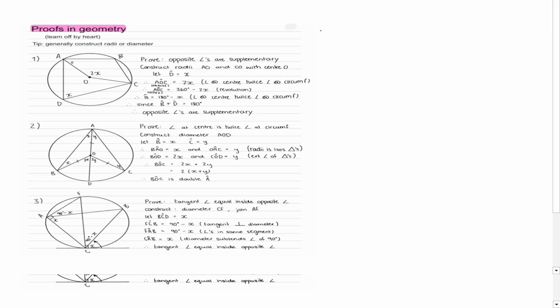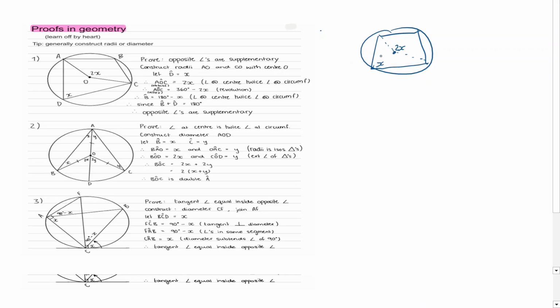If you had a question where you had to prove that the opposites were supplementary, but you didn't have any radii, you just had this bare cyclic quad, then you would immediately need to create the radii, because then you can let the one side be x, then the center is double.